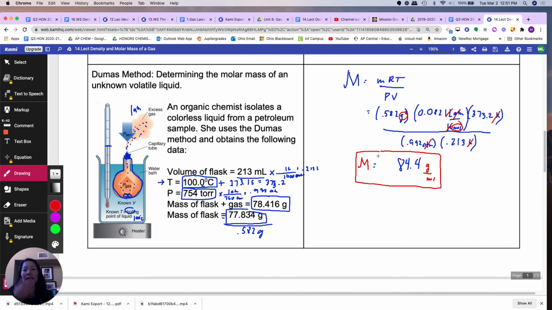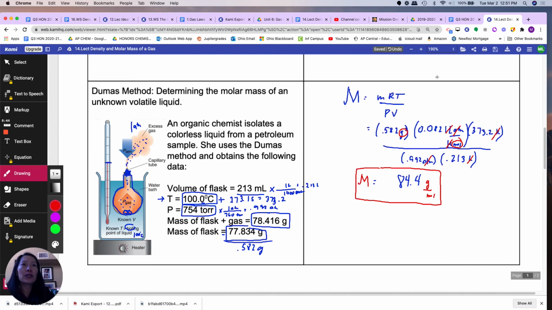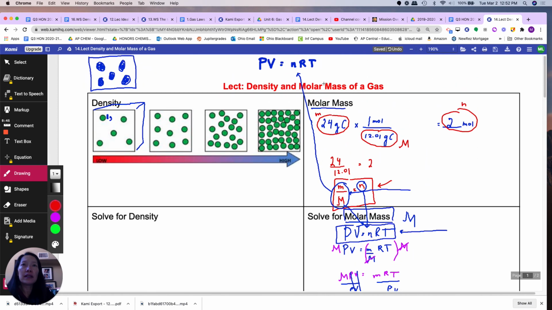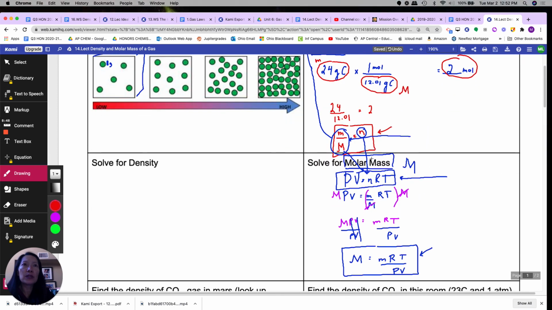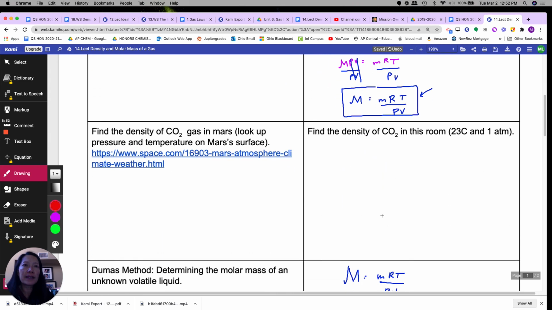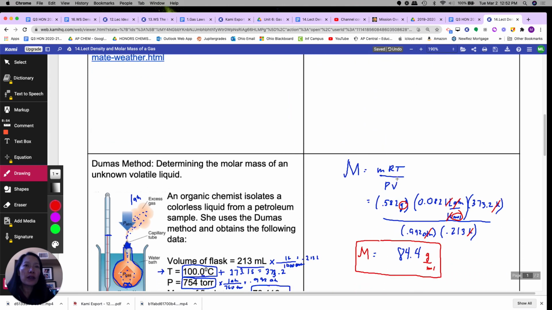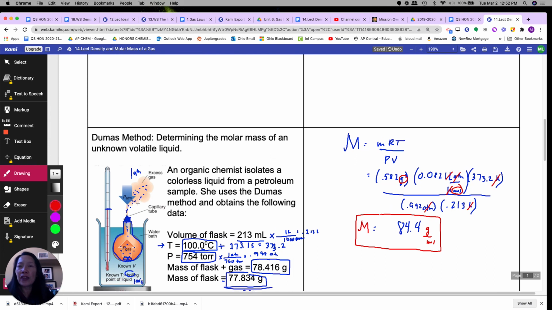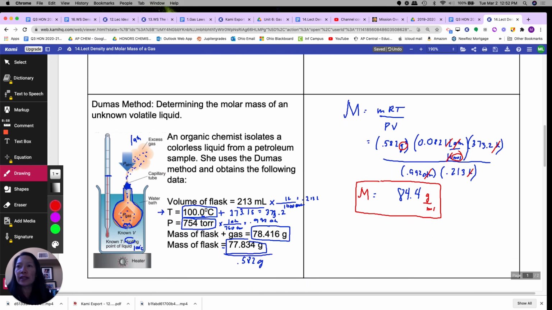So what you've done is, using PV equals nRT, you substituted n to be m over M here. You got the formula for molar mass. You plugged in your numbers using the Dumas method, where you took a liquid and put it in boiling water, and the liquid turns into a gas.